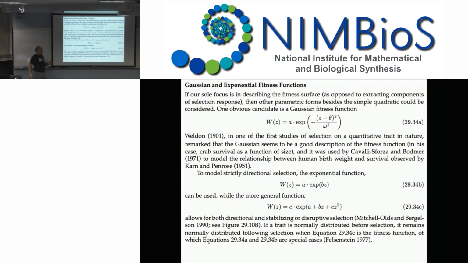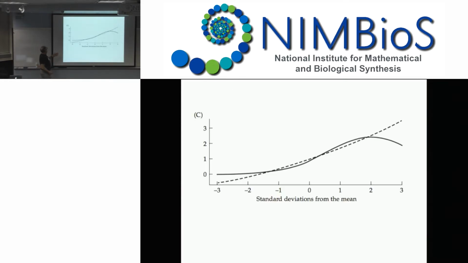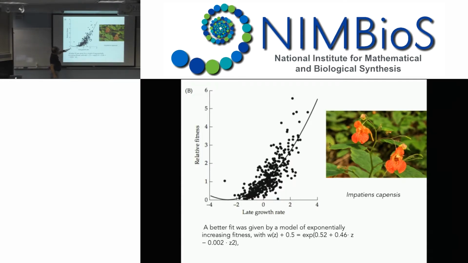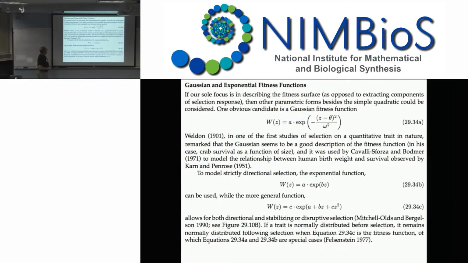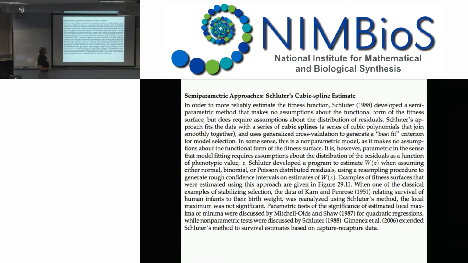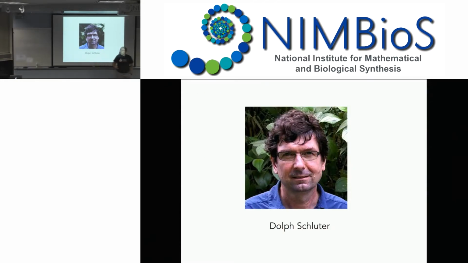So again, there's a constraint here in that you can only have one maximum or one minimum, but it's a different type of functional form you can fit the data to. And so, for example, over here, that's actually better fit by this exponential curve than it is fit by assuming a quadratic. So that's one scenario you can use.